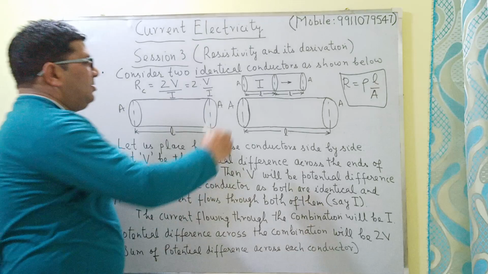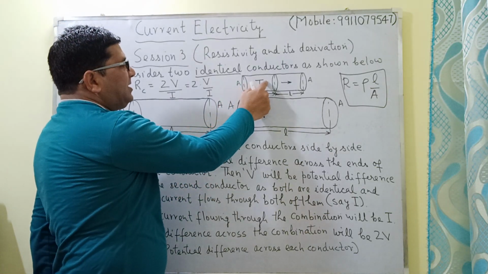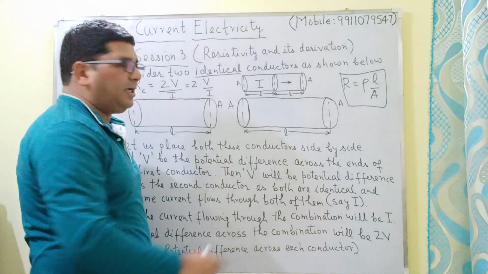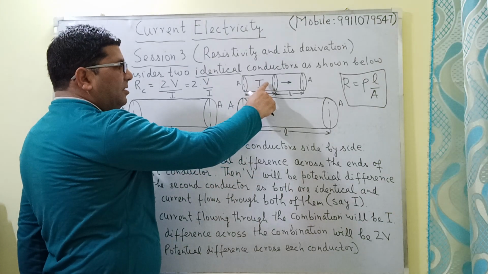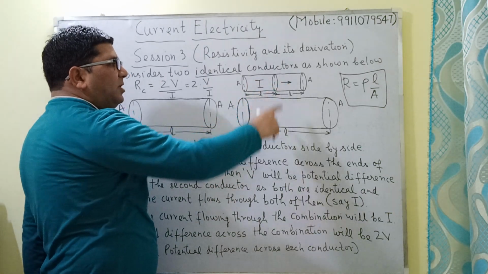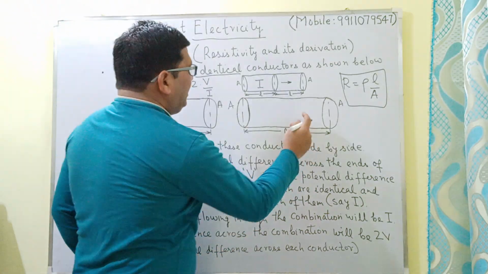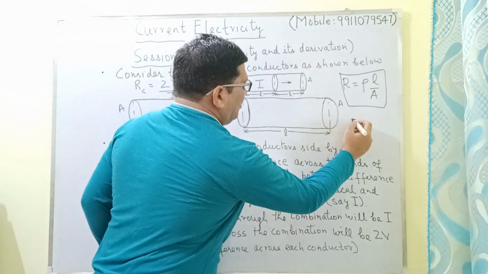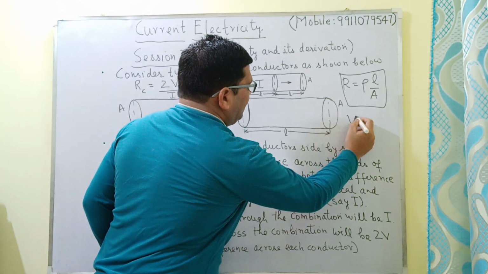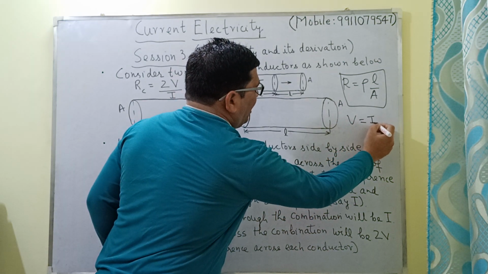Now, the potential difference across the first conductor and the second conductor is V, and the current flowing through both conductors is the same, that is I. We know that V is equal to IR.